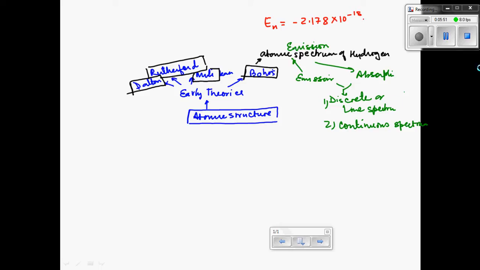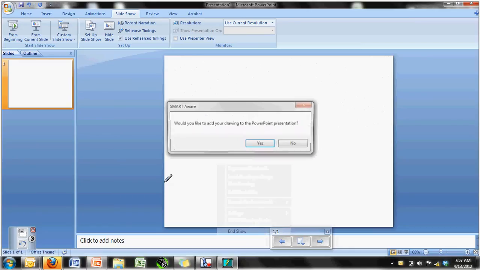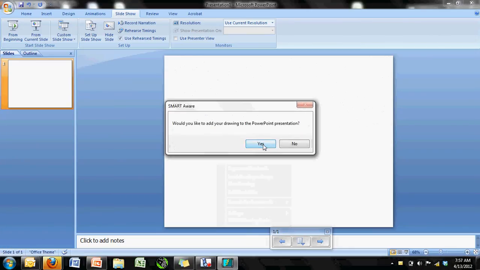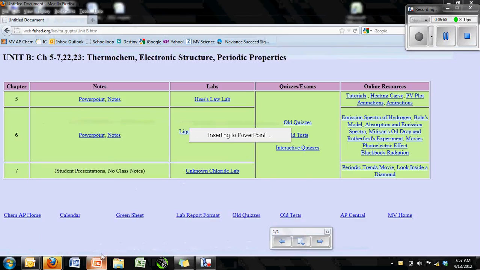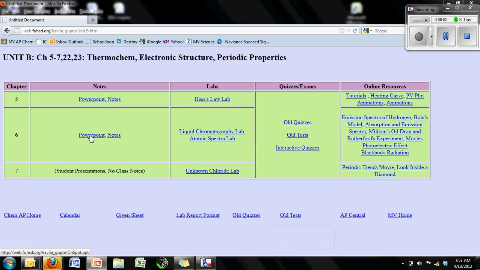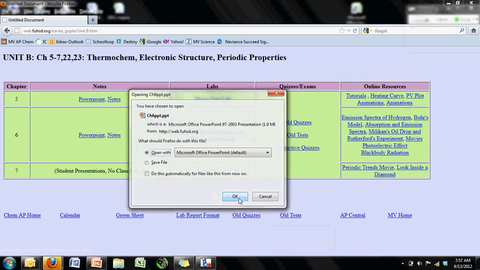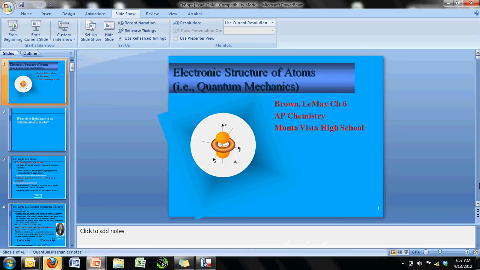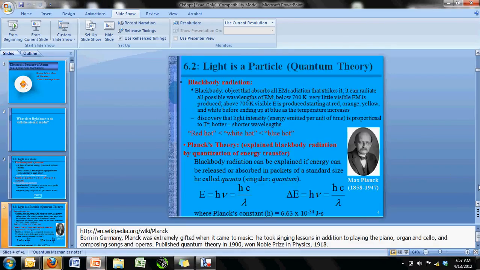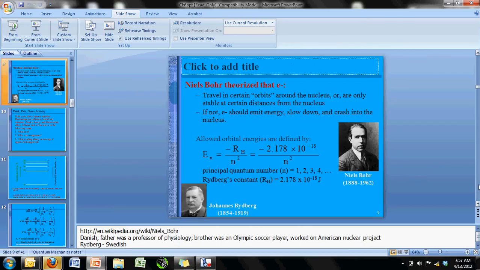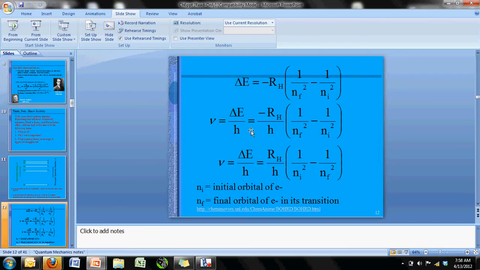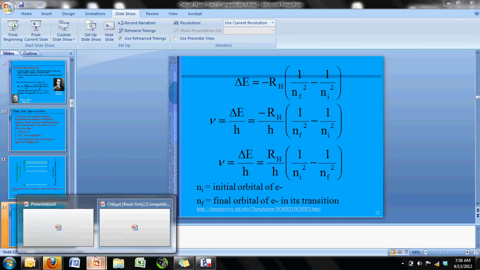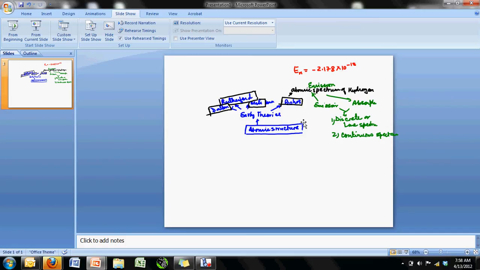Let me go back for a second to the PowerPoint of Chapter 6, which is about Bohr's model. I just wanted to clarify that it's negative R_H over n squared, so this is the Rydberg constant's value. And I did want to clarify this one as well: negative R_H times 1 over n_f squared minus 1 over n_i squared. Okay, let's get back to our presentation.